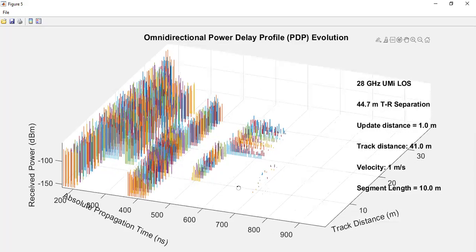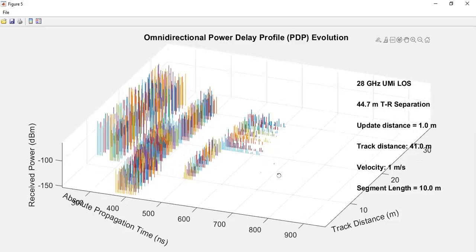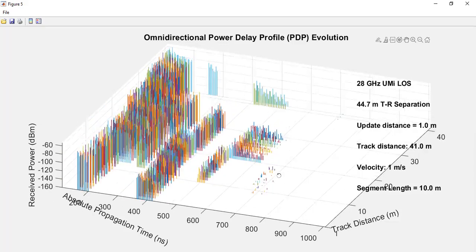It has generated the channel impulse response for all different segment positions. I'm not sure. There may be a way to find out the PDP for a particular segment position, but I'm not sure.